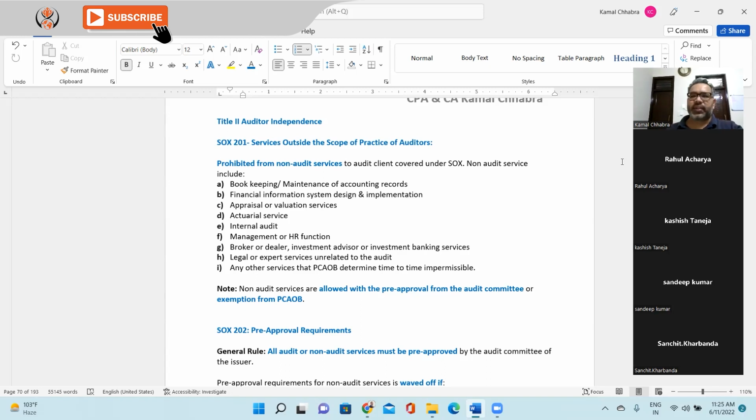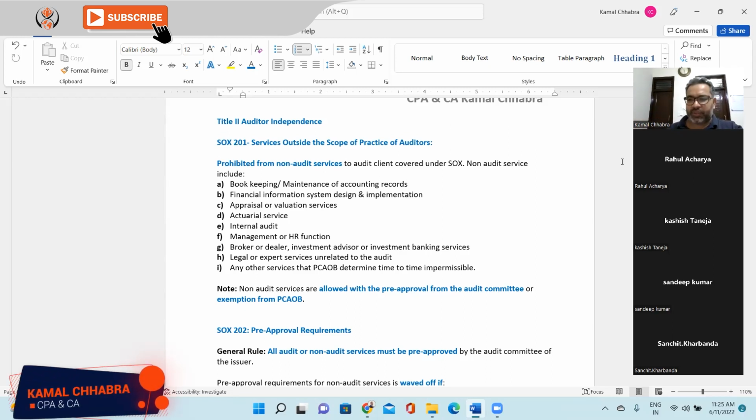But there are certain exceptions to the general rule, which are mentioned in the independence rules of the AICPA, so you need to follow those independence rules for the exceptions. But whatever exception you are taking, it mandatorily requires pre-approval of the audit committee, right?